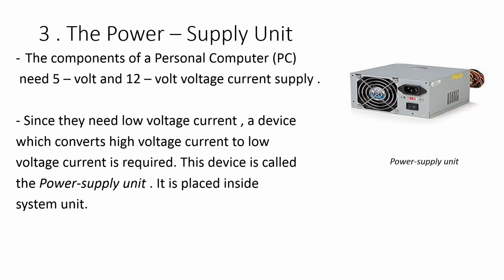Now, since the components need such low voltage current, it requires a device which converts the high voltage current into the required low voltage current, and that device is the power supply unit. What is the function of the power supply unit?